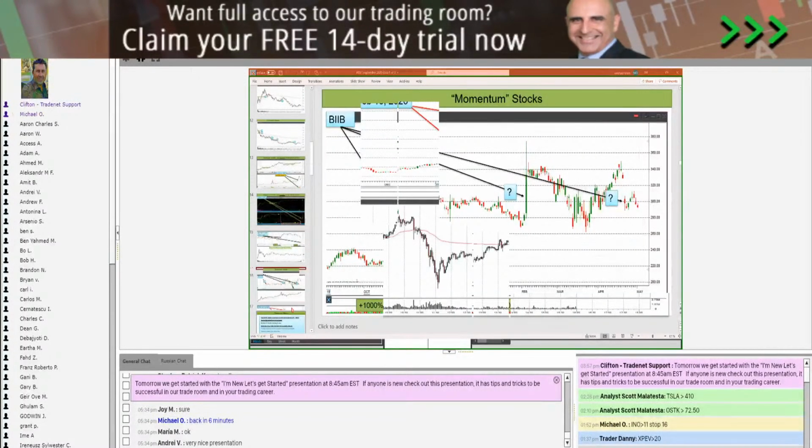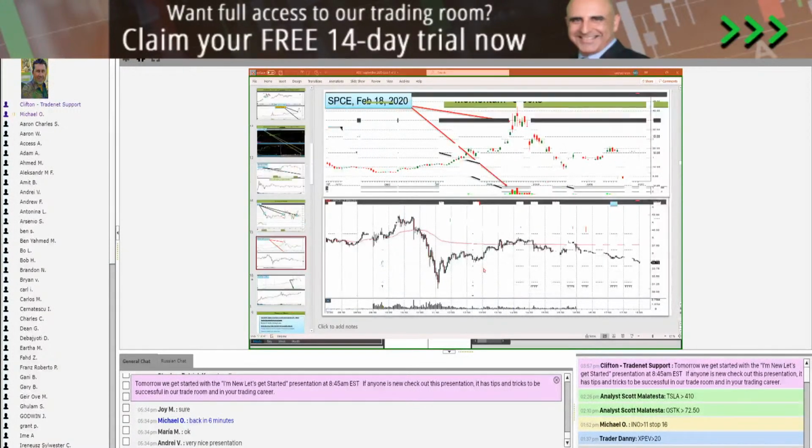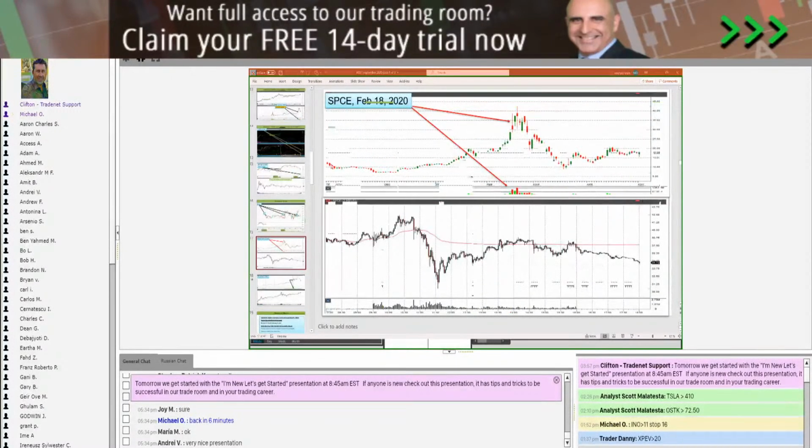Now let's take a look at this example. SPC, February 18. Again, you can see that SPC goes through months in a row, November, December, January, where it moves sideways. Nobody cares. You can hardly see any volume. It's pretty much going on unnoticed in these markets.